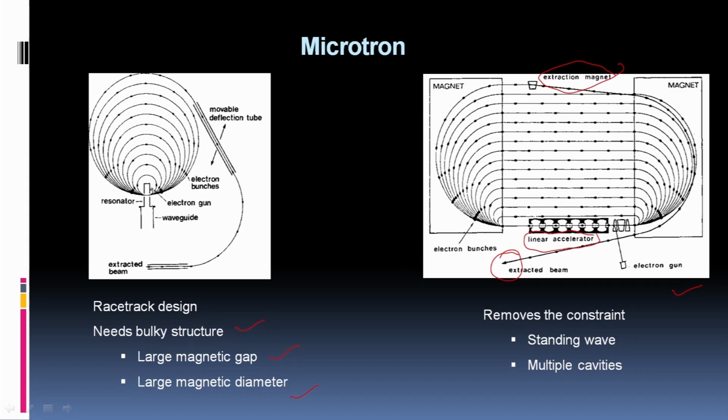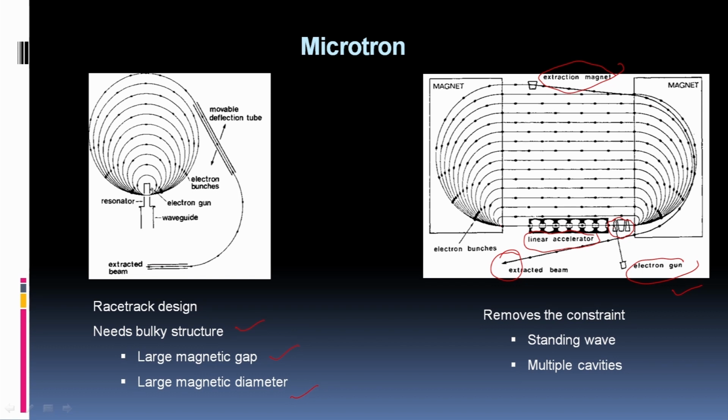So, in this design you can see that we have an electron gun and bending magnets, and these bending magnets move the electron beam to inject it into the linear accelerator multiple microwave cavity, where the electrons experience an alternating magnetic field.